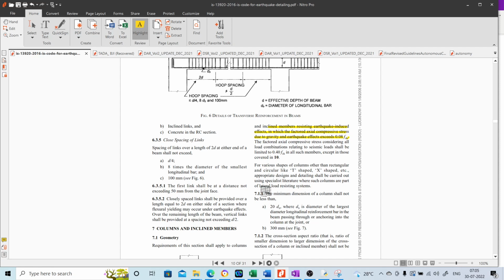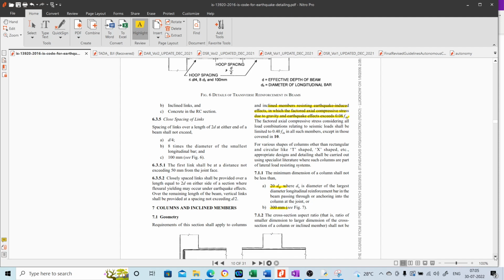Similarly, we have a minimum dimension criterion here also. The minimum dimension should not be less than 20 times the largest longitudinal bar. So this is one criterion, and the second criterion is over 300 mm. That means the minimum width for a column is 300 mm if we are conforming to IS 13920.